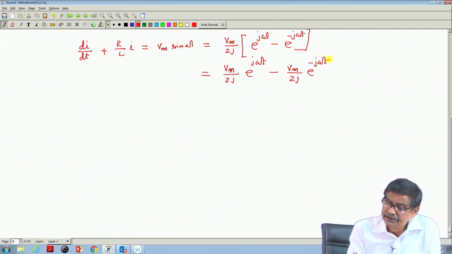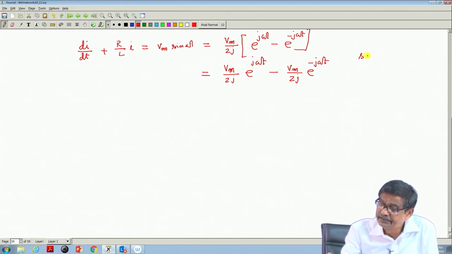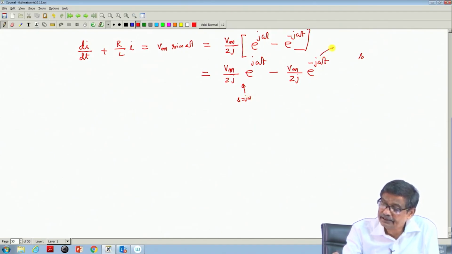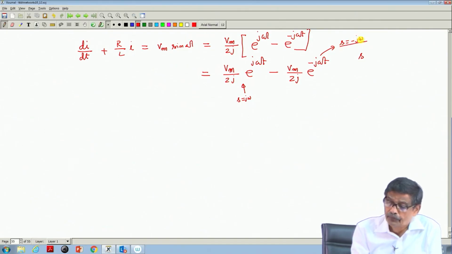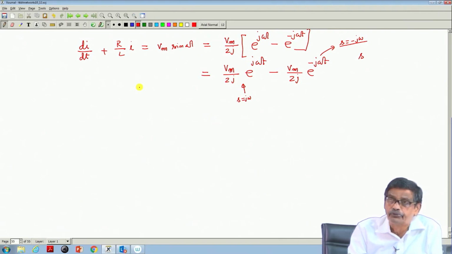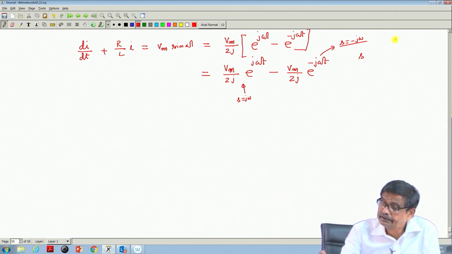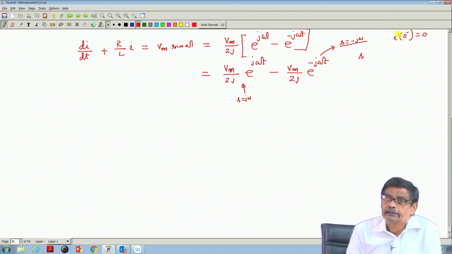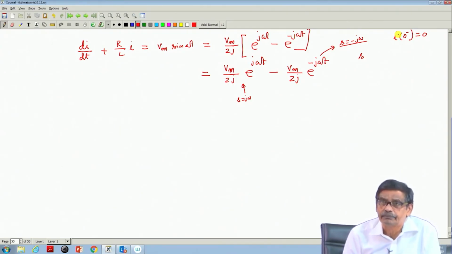Here the value of s for this one is j omega, and for this signal s is minus j omega. Therefore, as if you have excited the system with two input signals, and since I have told you the R and L circuit with initial condition 0 behaves like a linear circuit, I can apply the superposition theorem.